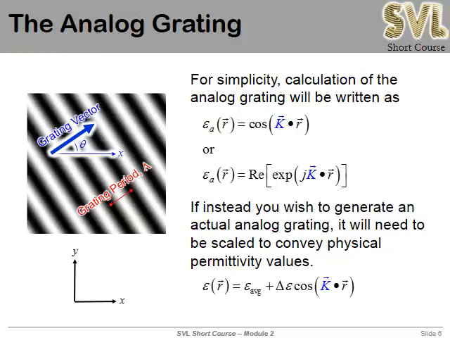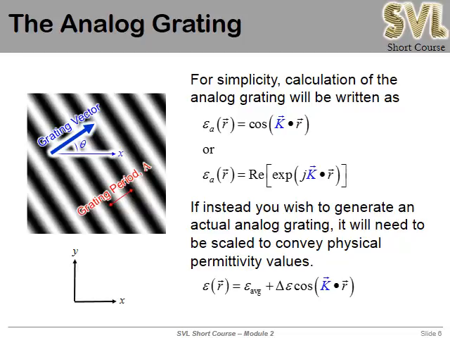Some terminology here. What we've been showing is what we would call analog gratings. You'll notice if we look at the picture of the grating, we have certainly black, we have certainly white, but we also have these shades of gray in between. And in fact, if we were to run our fingers along this, we would feel a smooth cosine profile. That makes sense. We calculated it with a cosine of K dot r.